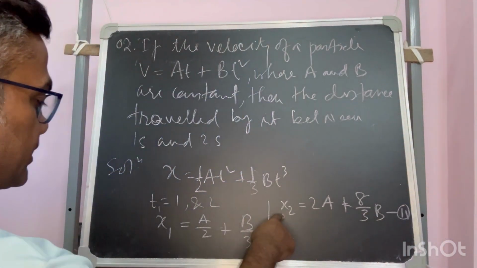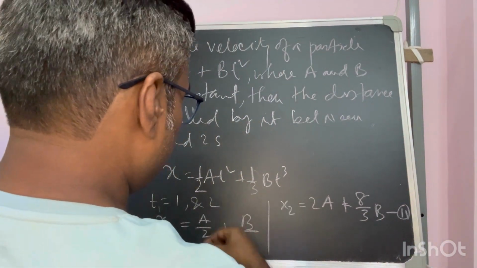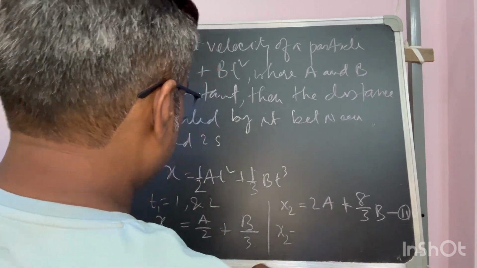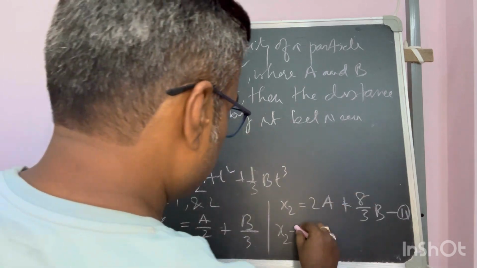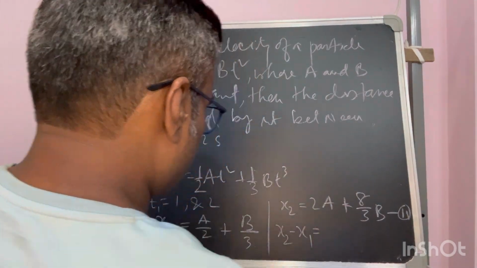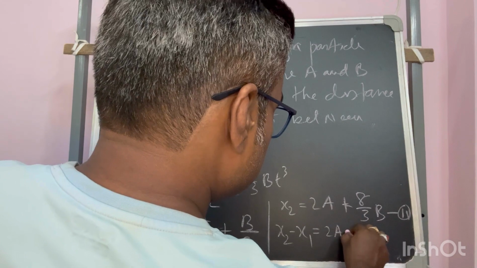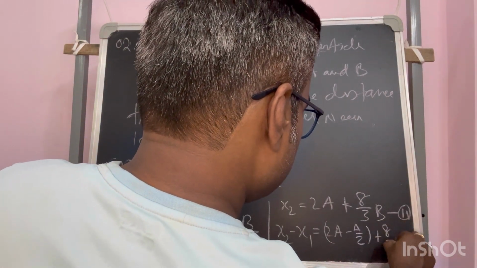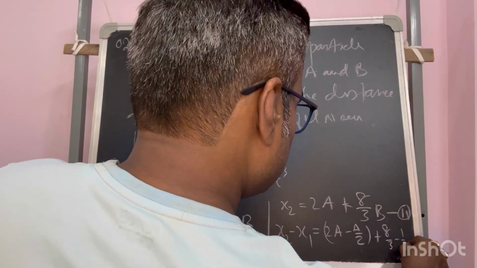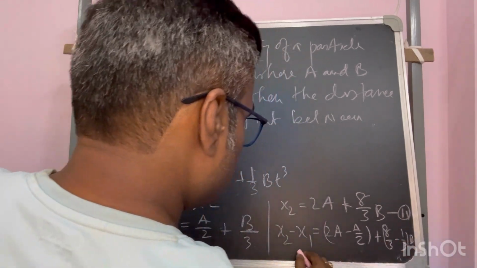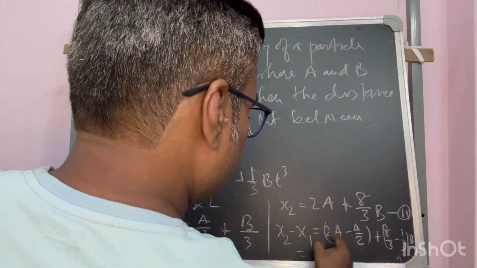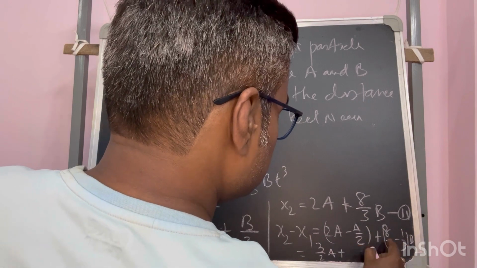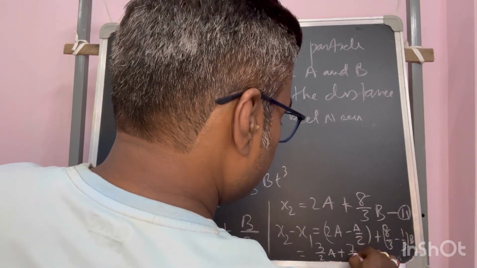Now this is x2, this is x1. x2 will obviously be more because it comes in the later part, after it has moved for the second. So x2 minus x1, the distance, will be 2a minus a by 2, which is 3 by 2 a, plus 8 by 3 minus 1 by 3, which is 7 by 3 b.